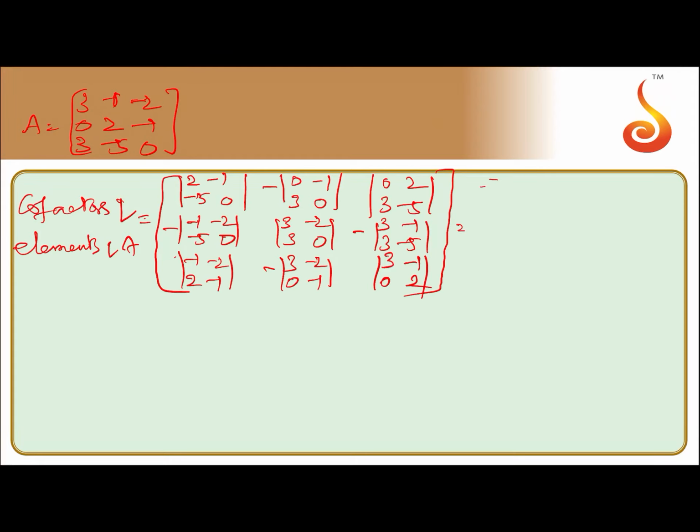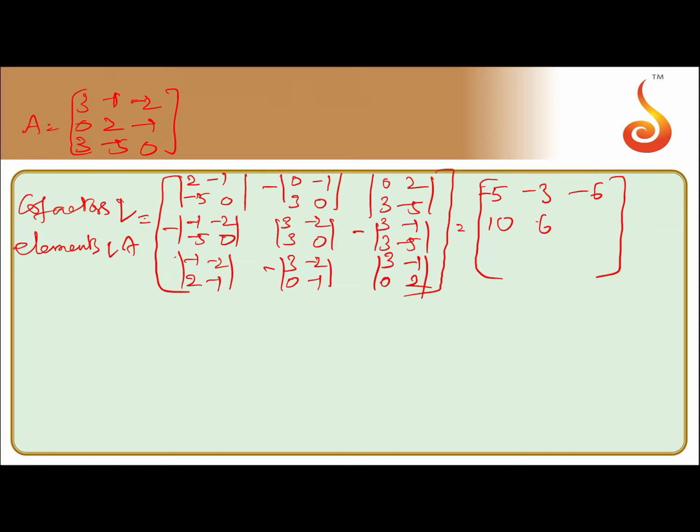On simplifying these values, it gives us here 0 plus minus 5. You get minus 5 here. 0 plus 3 with minus sign, 0 minus 6. And the next one, 0 minus 10, minus plus 10, you get it. 0 plus 6.